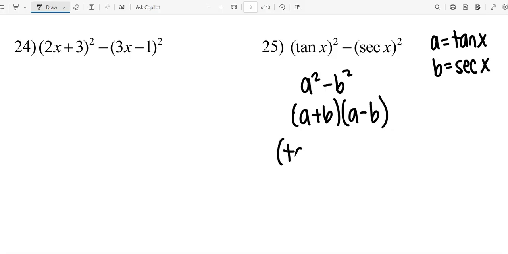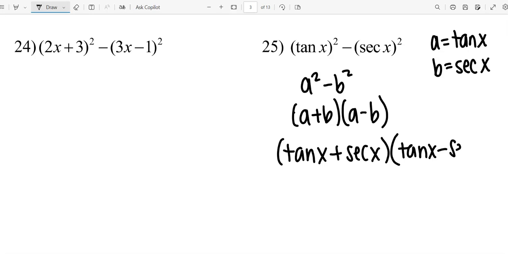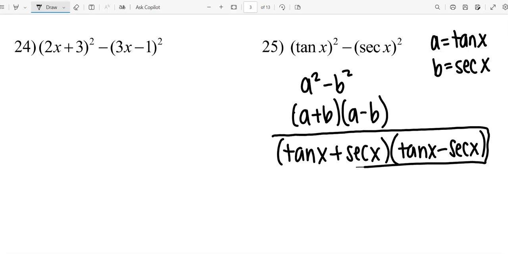A was tangent of x plus B was secant of x times A was tangent of x minus B was secant of x. On 16, I don't care if you put parentheses around your x. You can write the trig function right next to x like we did in number 25, if that's easier for you.